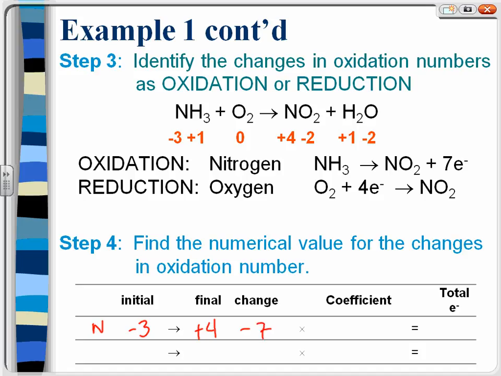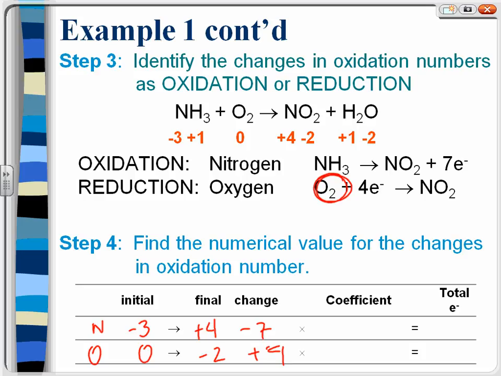So it lost 7. My oxygen, on the other hand, started off at 0 and ended up at -2, so it had to gain 4 electrons. Now you might ask, why 4? It's because I had 2 oxygens over here. So each oxygen gained 2 electrons, so I have a total change of 4 electrons.